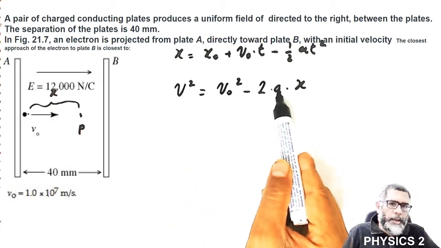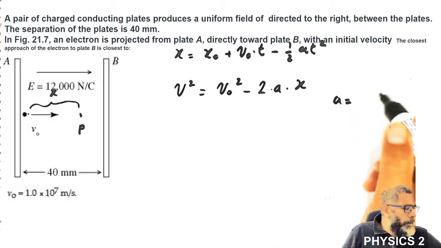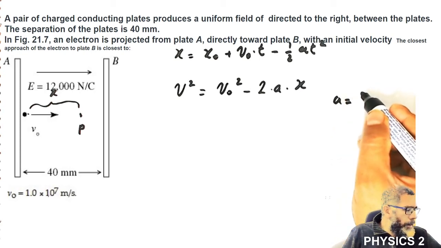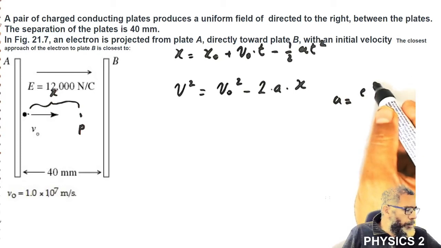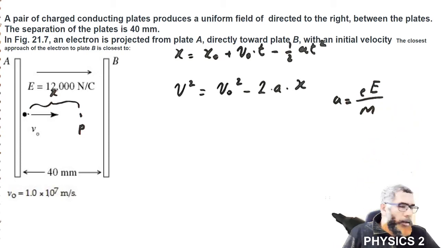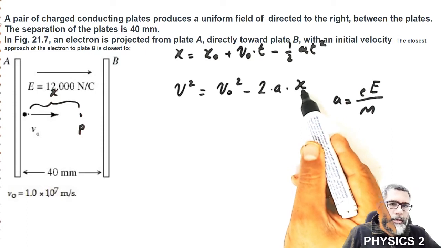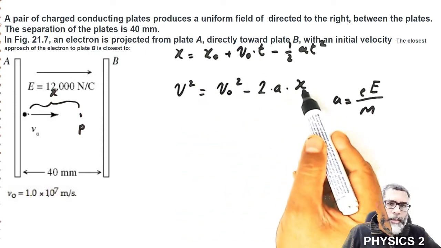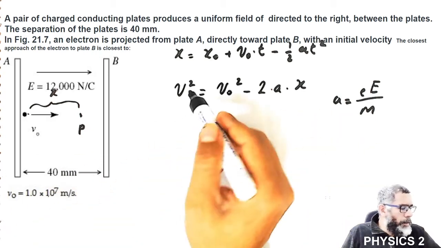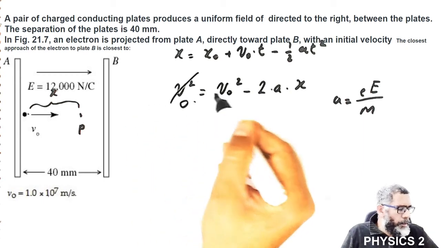But we can always find the acceleration, because the acceleration for the electron in a uniform field is just the charge of the electron multiplied by the electric field magnitude divided by the mass of the electron. And when you put this over here, the only unknown in this equation is going to be x, the stopping distance. At the stopping point the velocity is obviously 0.